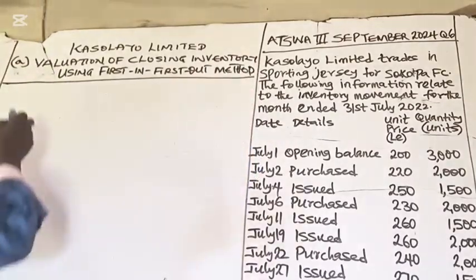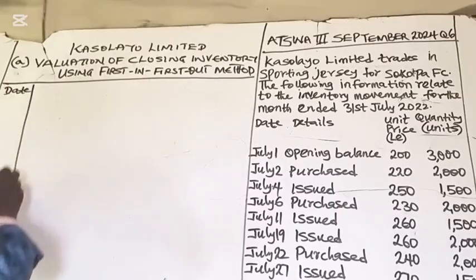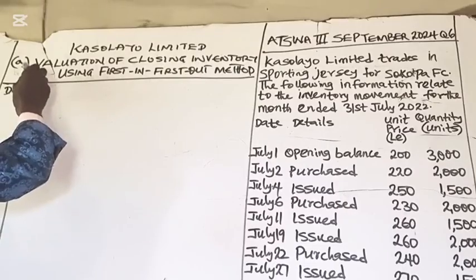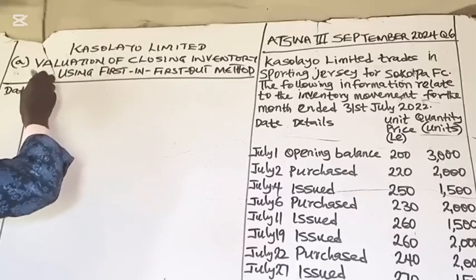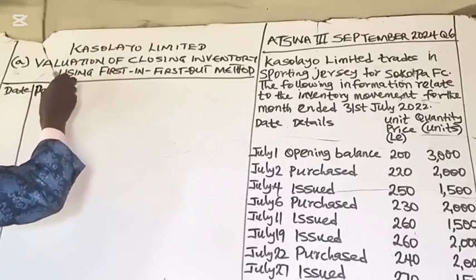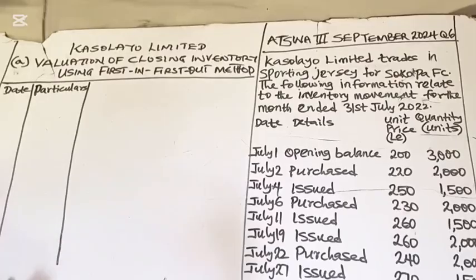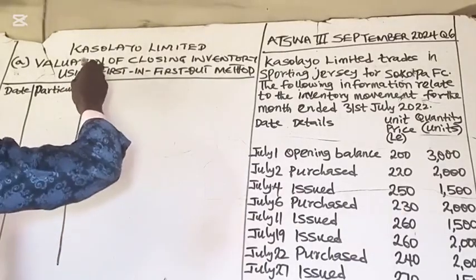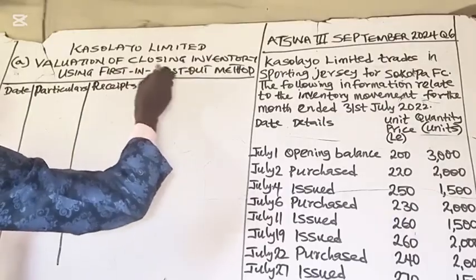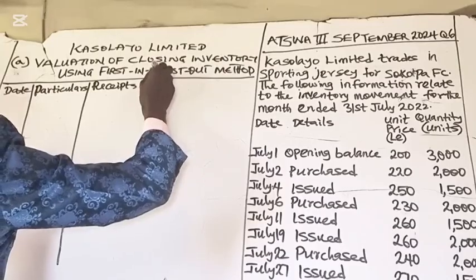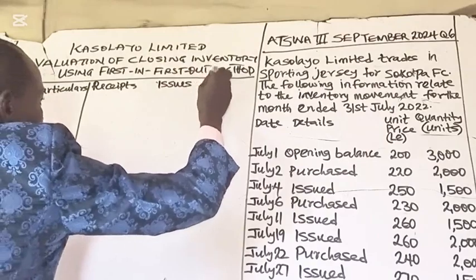So I've told you, you have a column for the date, another column for particulars or details. Then you now have a column for receipts, another column for issues, another column for balance.